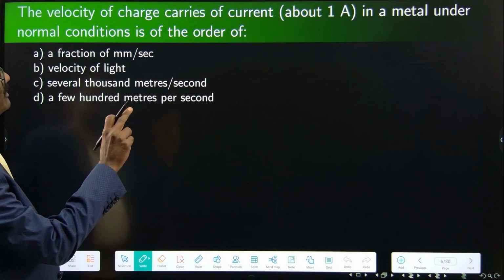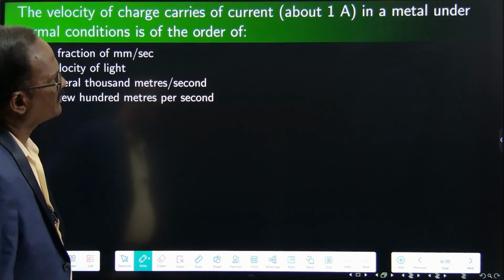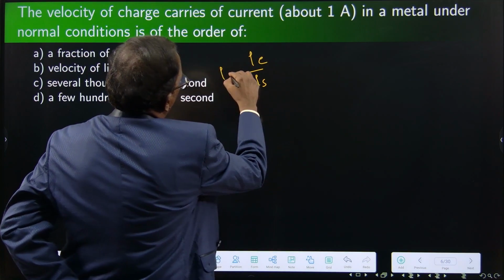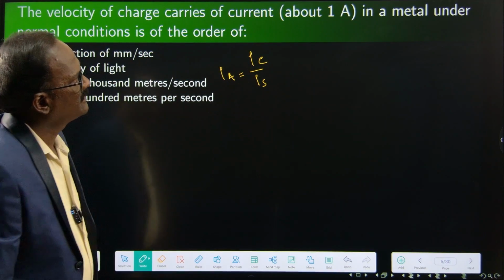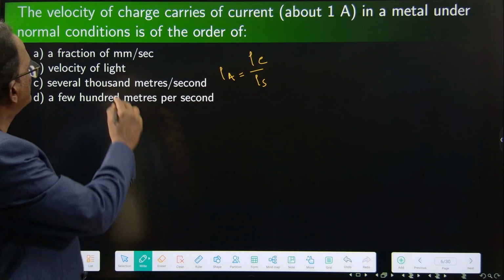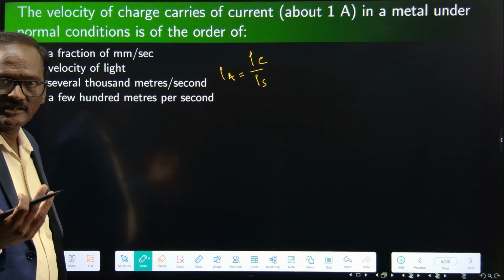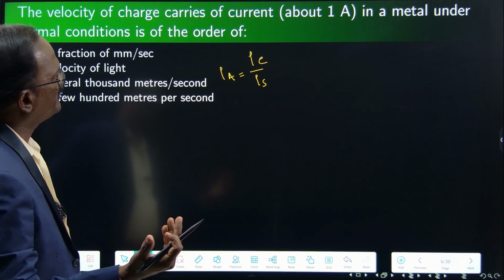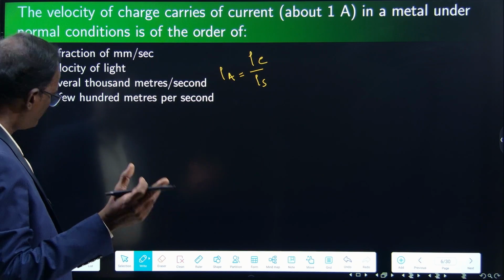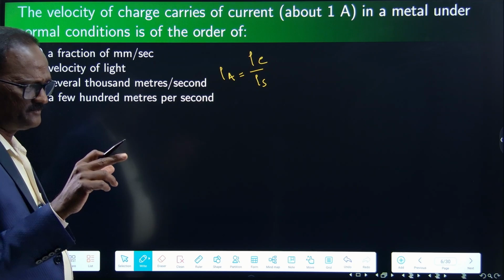The velocity of charge carriers for a current of about 1 ampere, where 1 ampere means 1 coulomb per second, in a metal under normal condition is of the order of... Charge carriers are our free electrons. This is similar to the previous problem, the same problem.